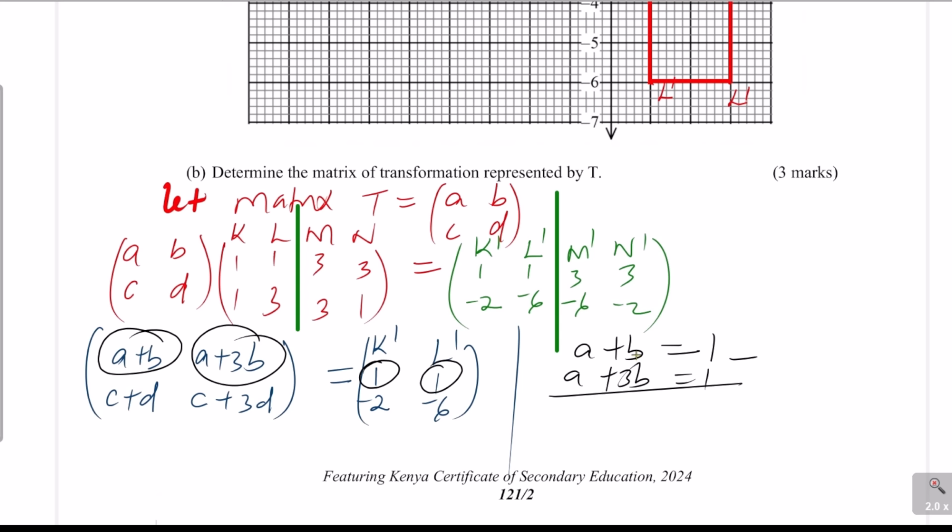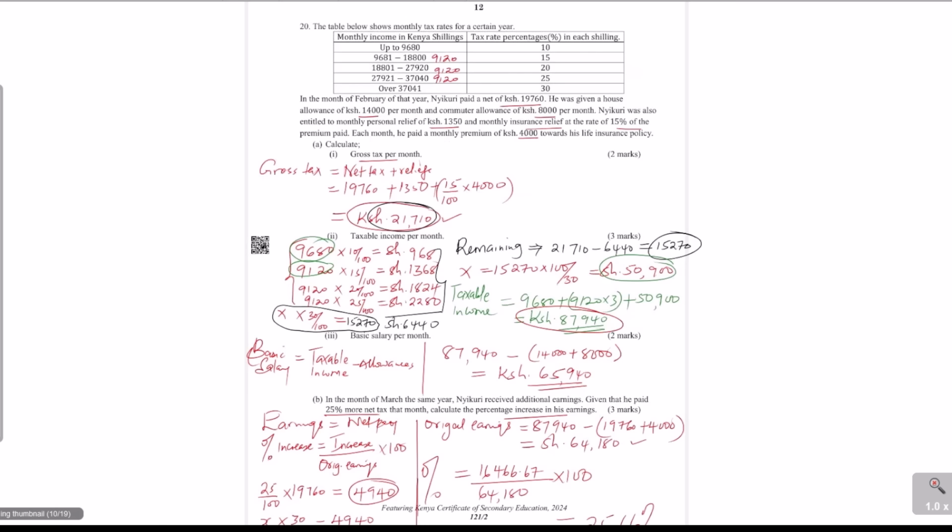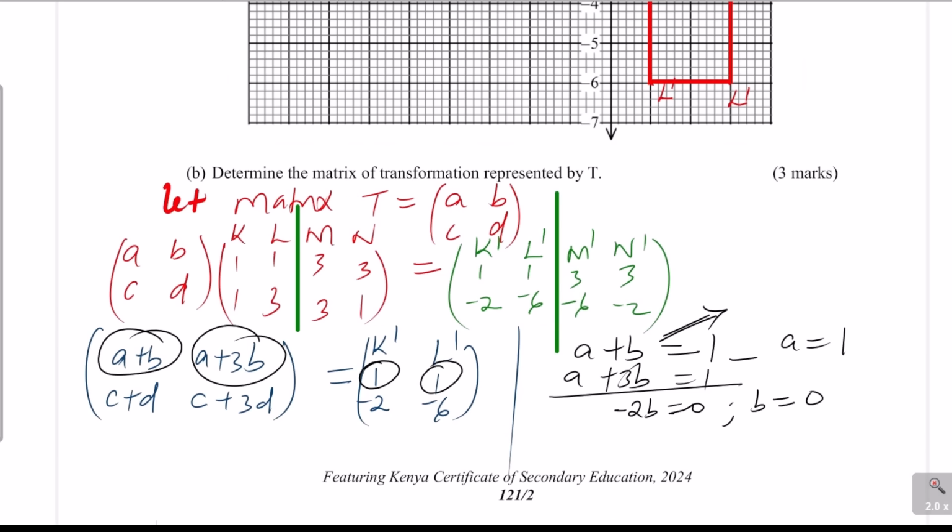A will be eliminated, so you have minus 2B is equal to 0. So for this case, you get B to be 0. And if B is equal to 0, if you substitute in A plus B is equal to 1, you'll get A to be 1. So that has given us A and B.